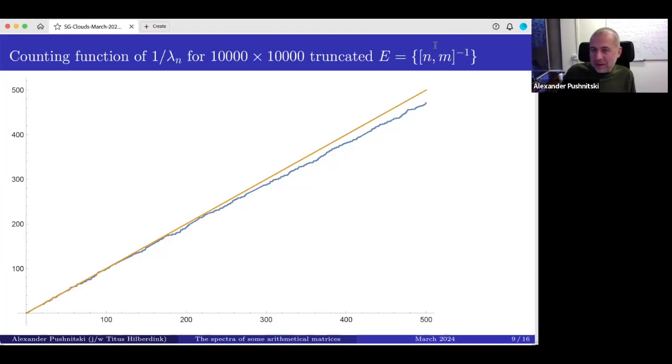I truncated it to 10,000 by 10,000, and I looked at the counting function of eigenvalues, but of 1 over lambda. So lambda n should be asymptotic to n. The yellow line is just lambda equals n, and this is the counting function. You see it's a pretty good fit.